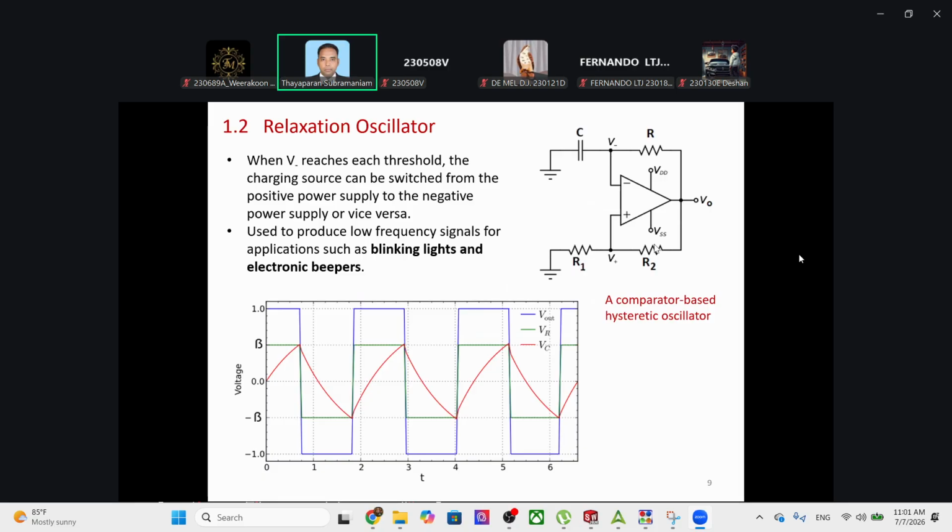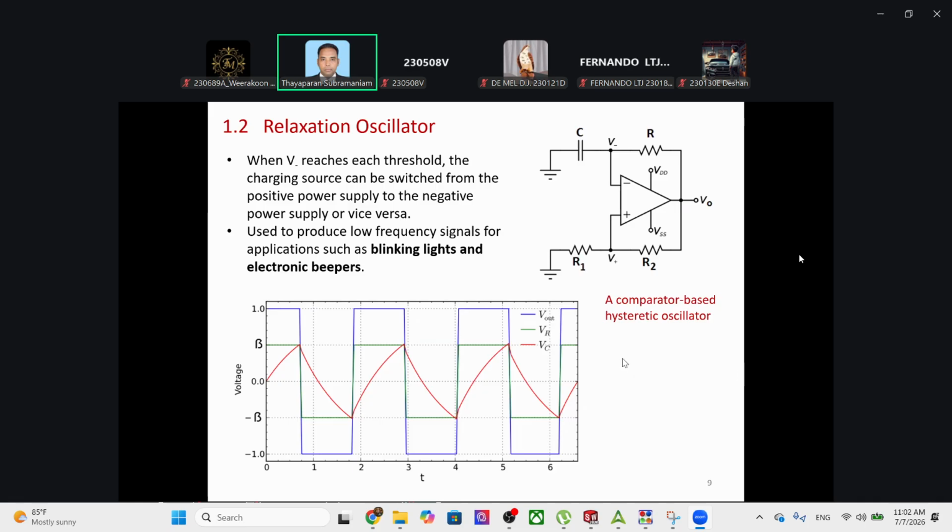So here we have a positive feedback as well as a negative feedback. The charging and discharging curve goes to the negative feedback.